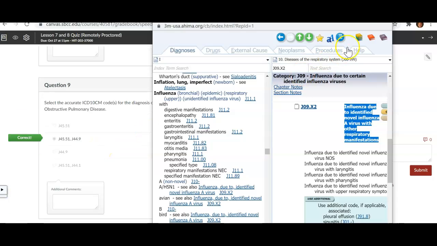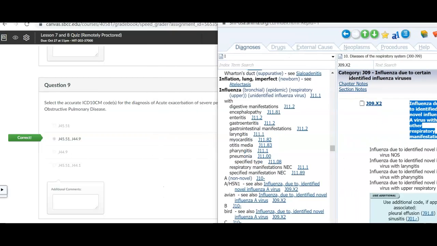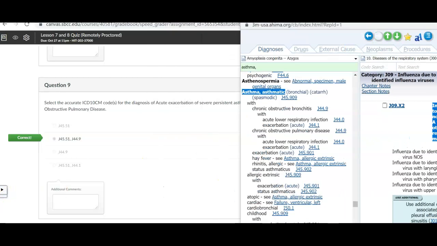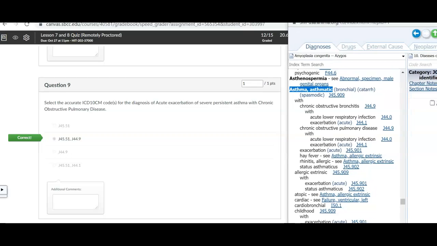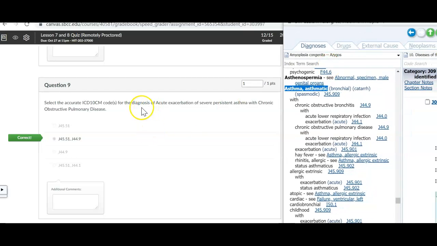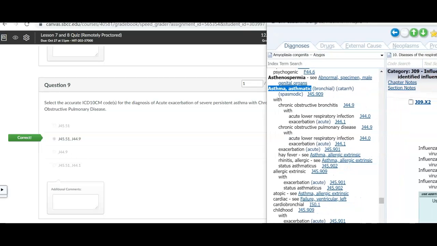Okay, so then on to number 9. If I look at this, we have the diagnosis of acute exacerbation of severe persistent asthma with chronic obstructive pulmonary disease. So with this one, we're going to go to asthma. We're going to start off with the chronic obstructive pulmonary disease, which is J44.9.